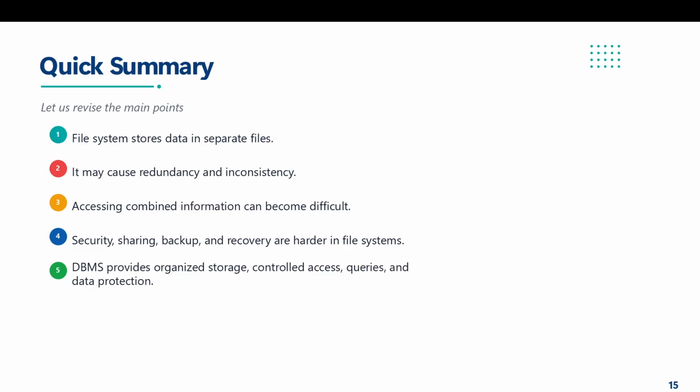Then repeated data may not match, which is called inconsistency, and accessing combined information becomes difficult. Security, sharing, backup, and recovery are also harder in the file system. DBMS provides organized storage, controlled access, query support, backup, recovery, and data protection.